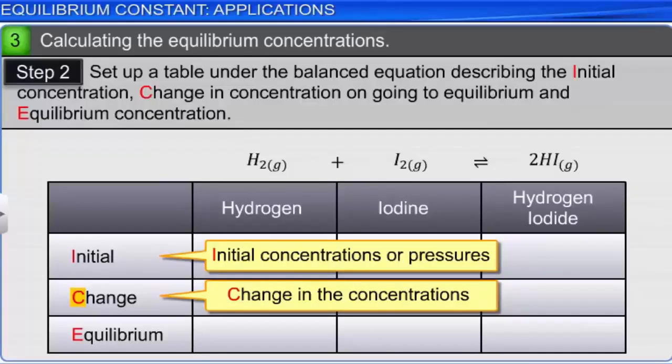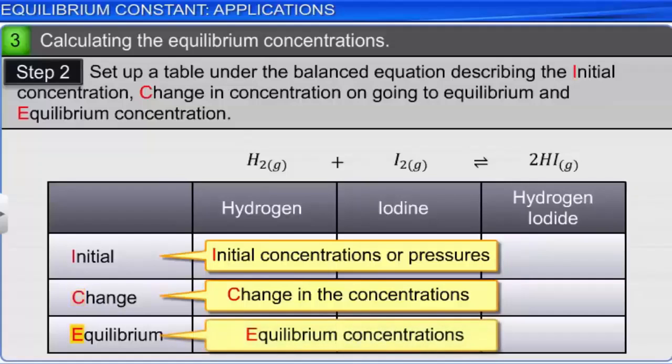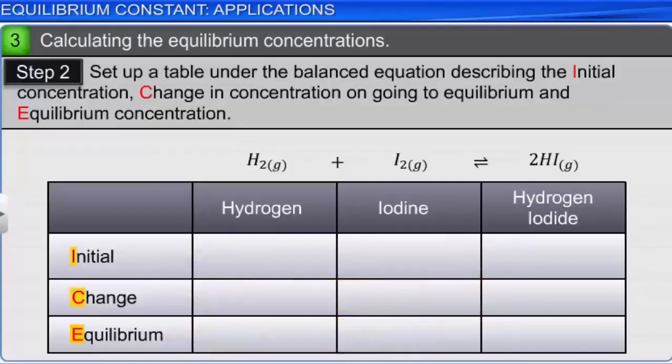E represents the equilibrium concentrations or pressures of each species when the system is in a state of equilibrium. In constructing the table, use x to show the change in concentrations of the species. Use the stoichiometry of the reaction to determine the concentrations of the other substances in terms of x.